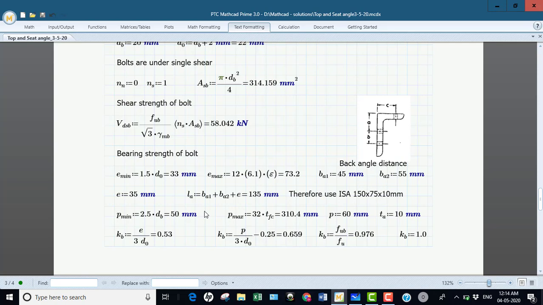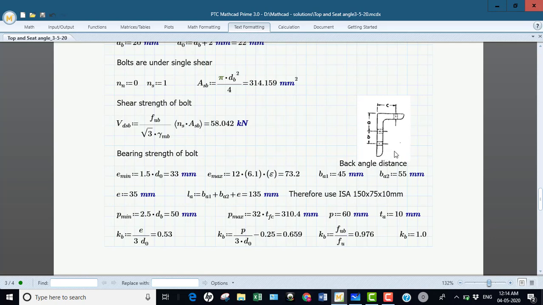While calculating the bearing capacity, I should know the end distance as well as the pitch distance. The end distance provided here will be 35 mm. If 35 mm is provided, I should check the angle leg I have already assigned. So I took this length as 150 mm. I am going to see whether this 150 mm is able to satisfy this end distance, where BA1 and BA2 are nothing but back angle distances.